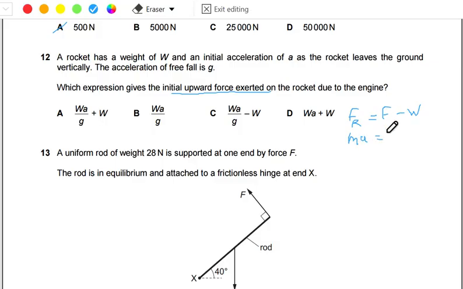F, the initial force, will remain the same, and I will move this to the other side as positive W. We can choose a, as m is equal to weight over g.